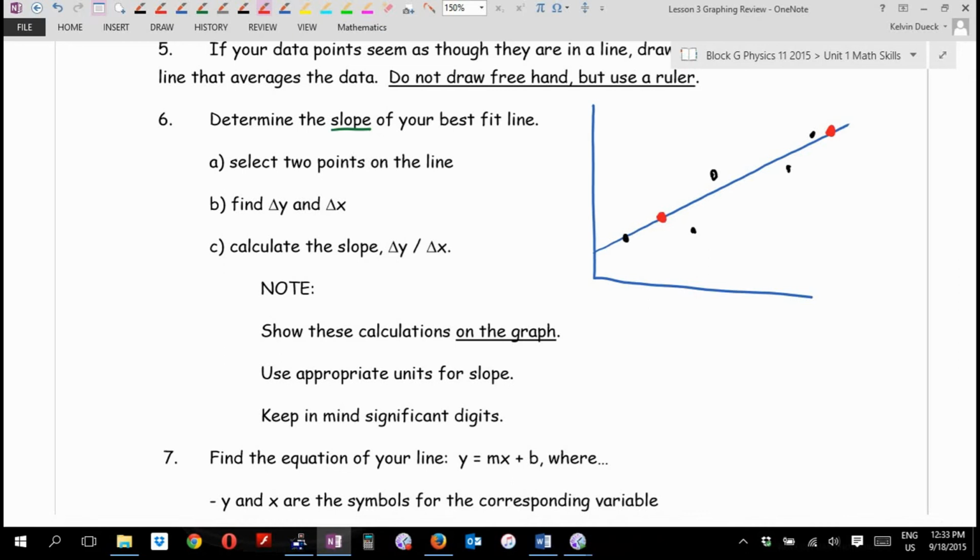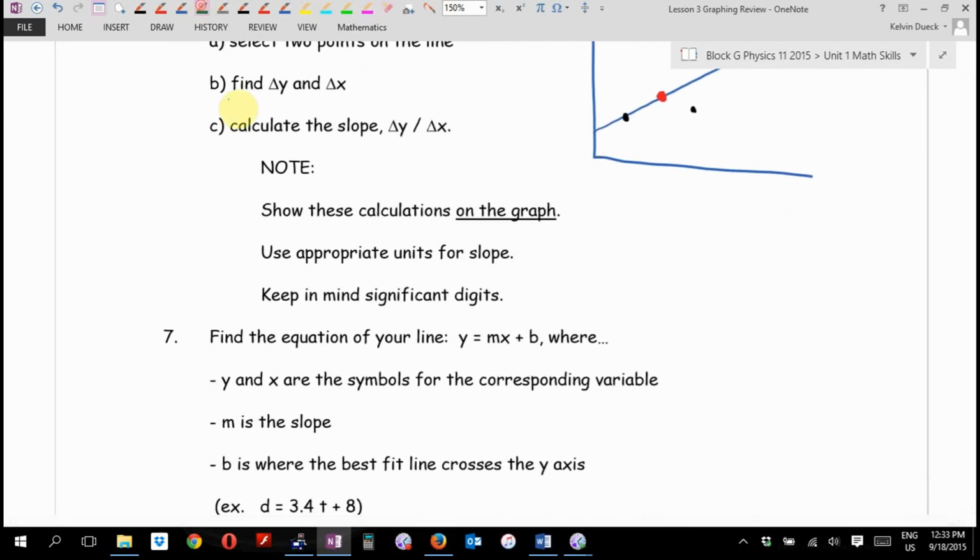In other words, I would not go rise over run from this black dot and that black dot because they're not on my best fit line anymore. But now I would go rise over run. Delta y is our abbreviation for rise. Delta x is our abbreviation for run. Find the slope. Either show me what you did on the graph, or you can show me what you did somewhere on the paper, but somewhere I want to see your slope calculations.